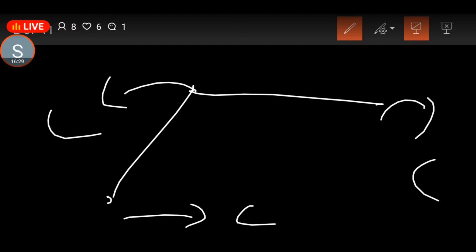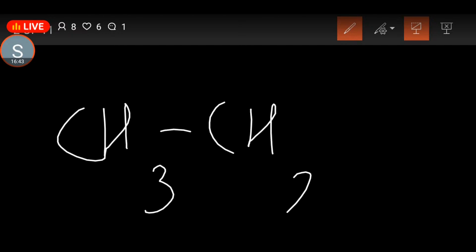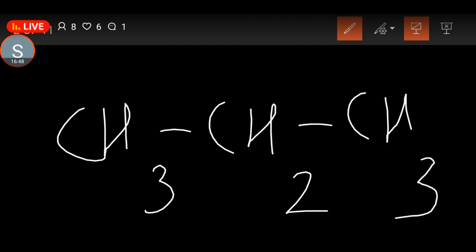At each vertex there is a carbon present. You can think like that. This can be represented as CH3, CH2, CH3, as I showed you now. I represent it like that only.